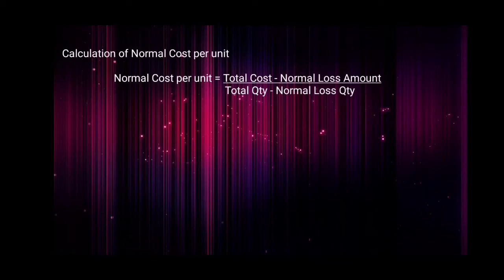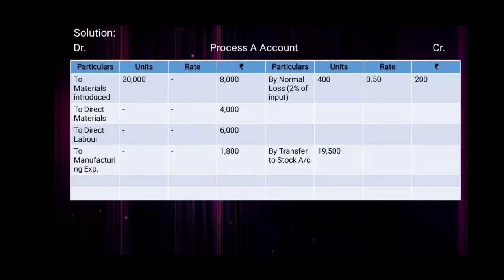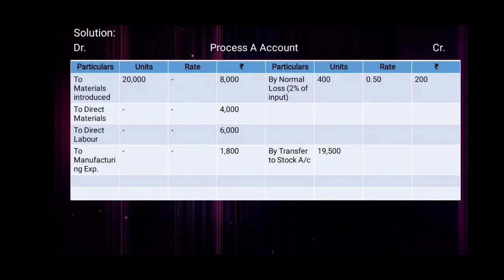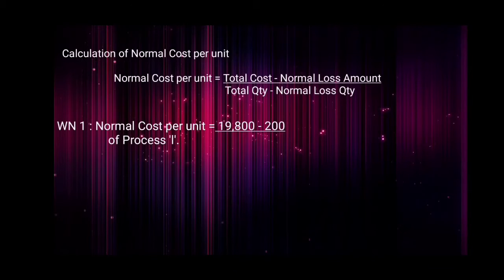So let us prepare working note number 1. Normal cost per unit of process 1, which is equal to total cost. So the total cost amount will be 8,000 plus 4,000 plus 6,000 plus 1,800. So the total amount will be 19,800 minus normal loss amount. So the normal loss amount is given as 200 divided by total quantity.